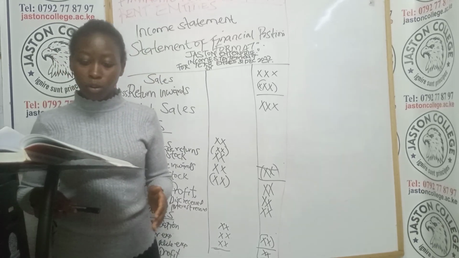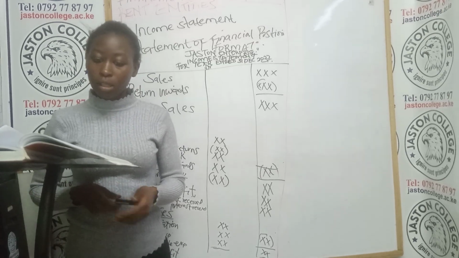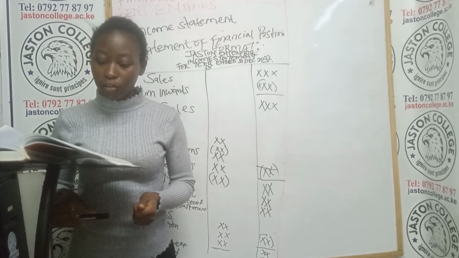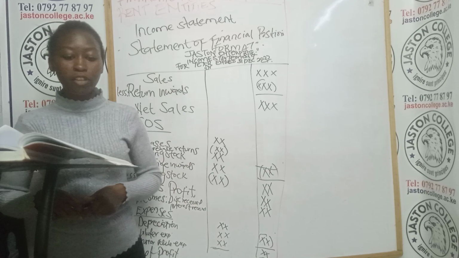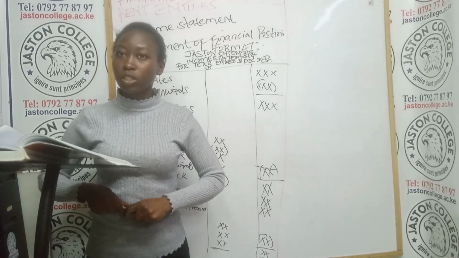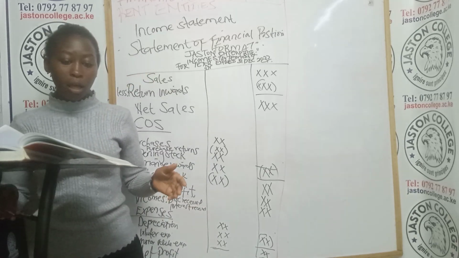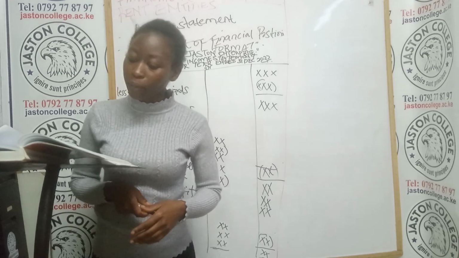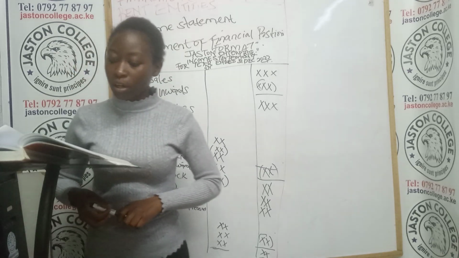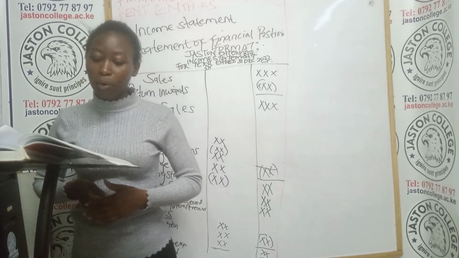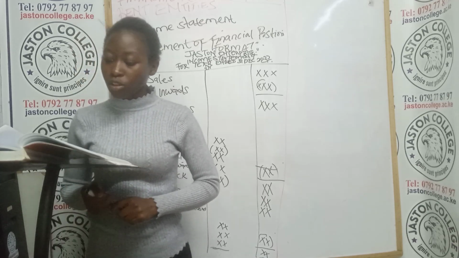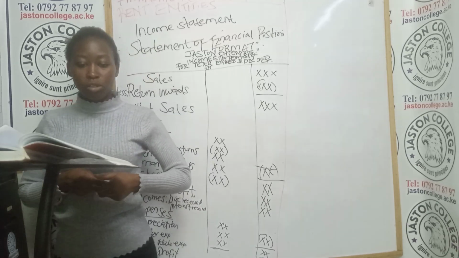We have motor vehicles at cost, equipment at cost, furniture and fittings at cost, inventory as at November 2015, which is our opening inventory. We have our accounts receivable and accounts payable, accumulated depreciation on 1st November 2015.